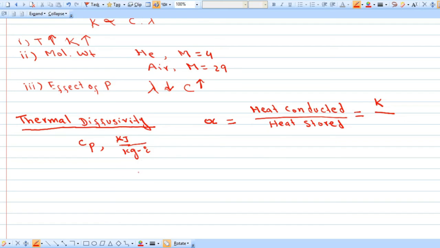But heat stored by 1 cubic meter of a mass, or heat stored by a unit volume of a mass, is Cp into rho, where rho is the density.